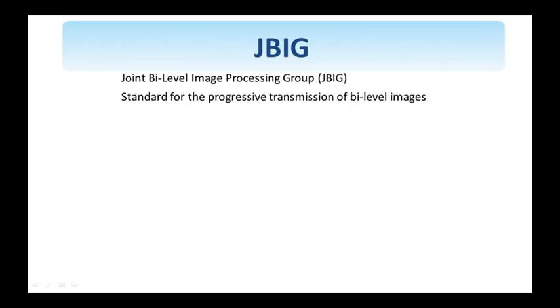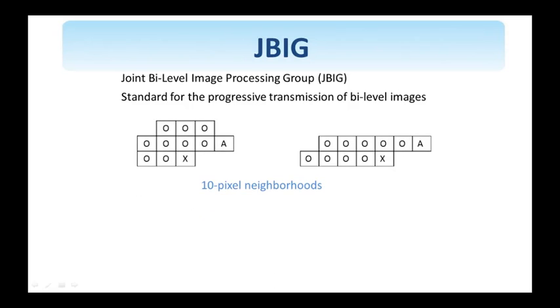So JBIG encodes the pattern of pixels in the neighborhood of a pixel being encoded, that's the context, to decide which set of probabilities to use in encoding a particular pixel. So it uses these two neighborhoods. Each of these neighborhoods has 10 pixels. So I'm interested in encoding the pixel at location X, and I look at these 10 neighbors. Here they extend over 3 lines. Or I use this pattern, so for encoding this, I look at these 10 neighbors that extend only over 2 lines.